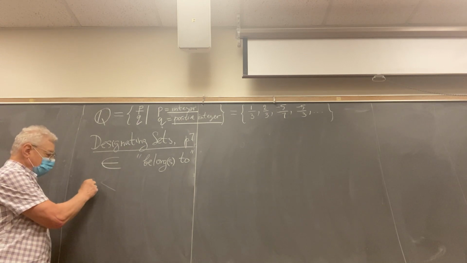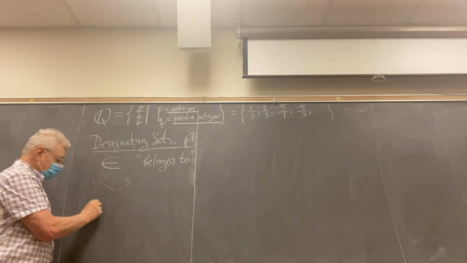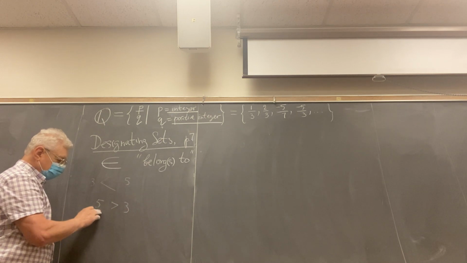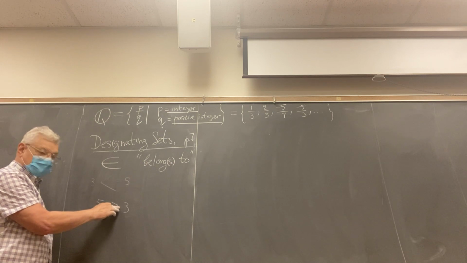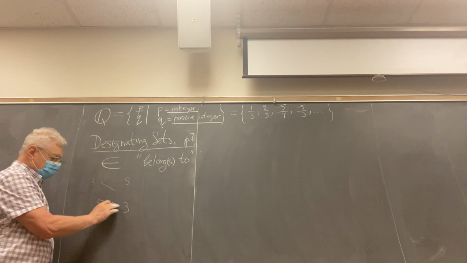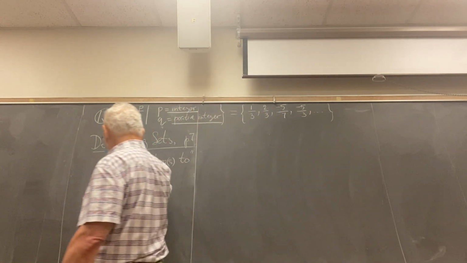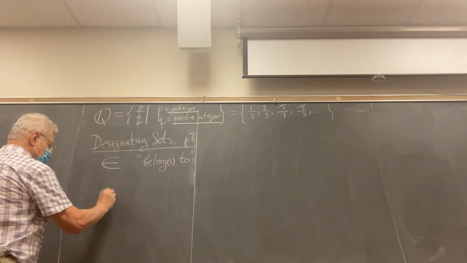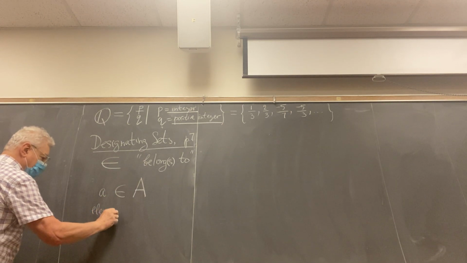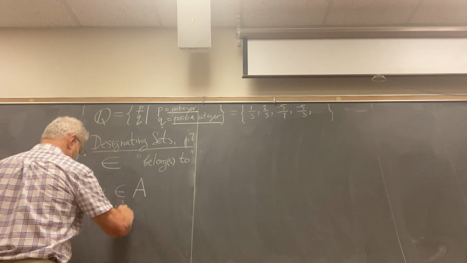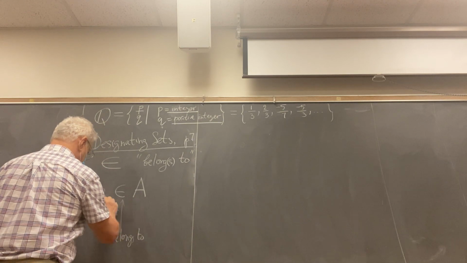So if I write, say, 3 less than 5, yes, it's less. But if I write 5 in the other direction, this will be greater than. So 3 less than 5, what's written at the sharp end of the arrow, it's smaller. Likewise here. So the element belongs, let me just write, a belongs to A. So this is the element, this one belongs to, and that one is a set.